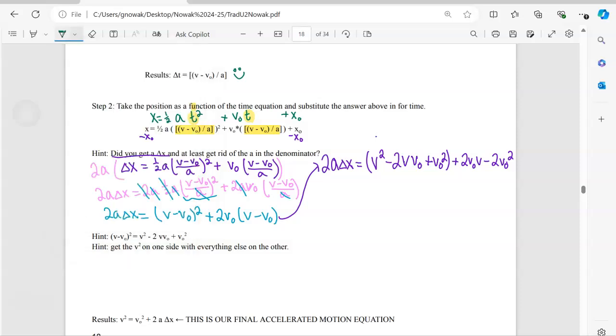Then we can combine some like terms here, right? Again, that left side stays the same. We see these two will cancel out because that order, v naught or v first, it doesn't really matter. Then I have my v squared, and I have v naught squared minus 2v naught squared, so I'm left with minus v naught squared.